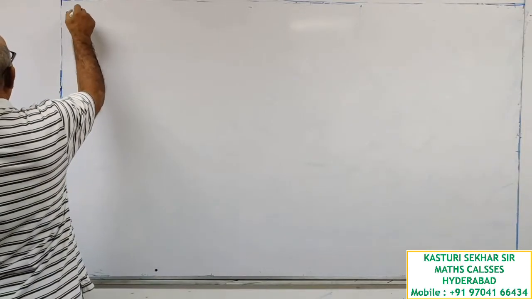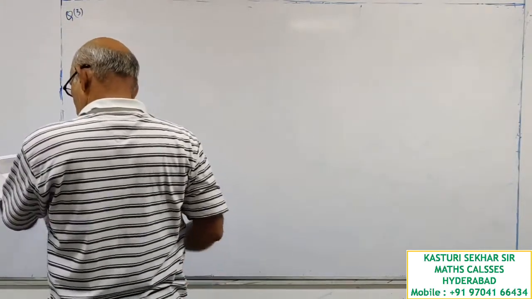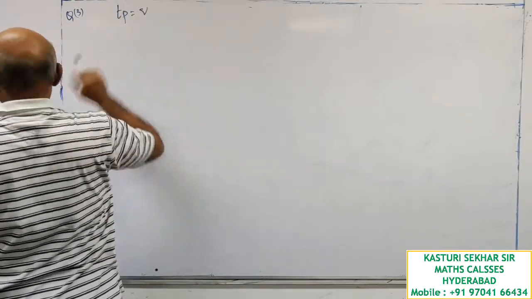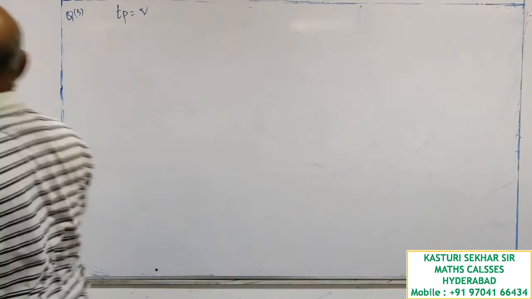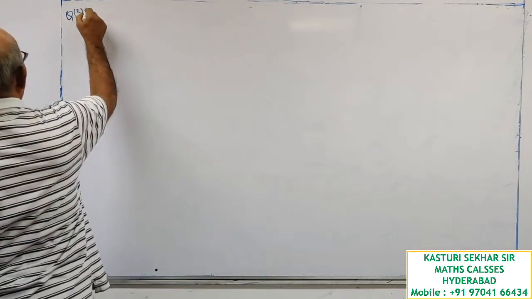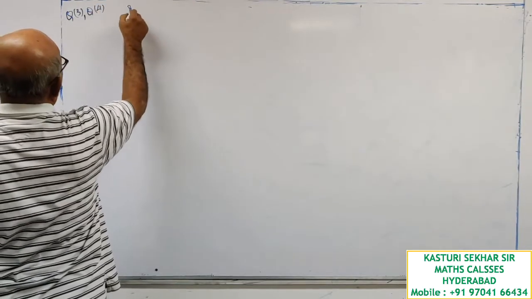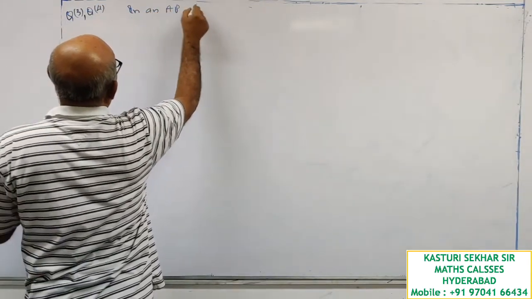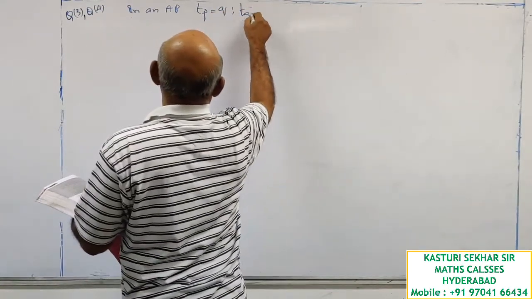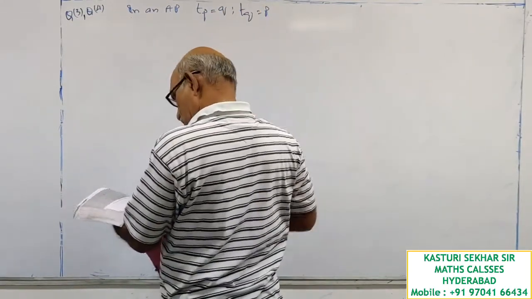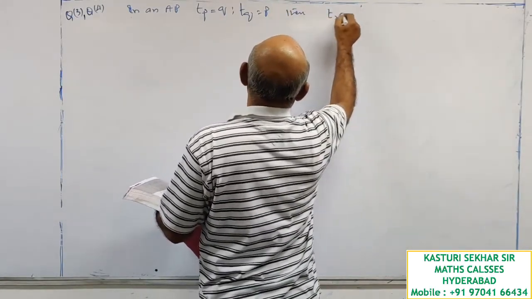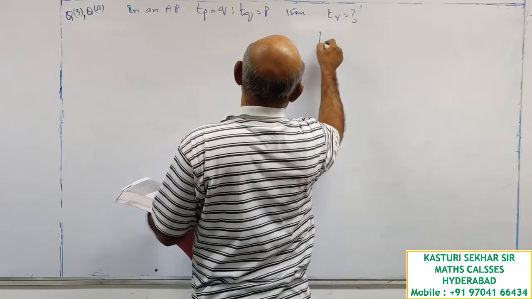Question number 3, comma, question number 4. In an AP, TP is equal to Q, TQ is equal to P. Then, for question number 3, TR is equal to question mark.